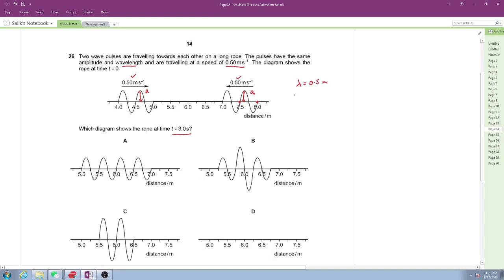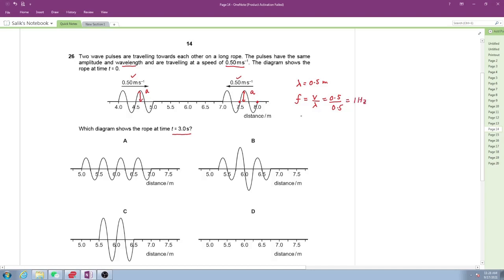And we can use the formula f equal v by lambda. v is 0.5 divided by 0.5. The value is the same, so we are going to get 1 hertz.